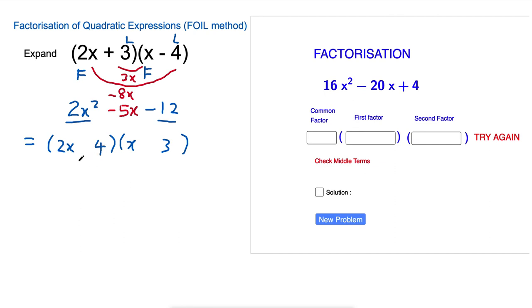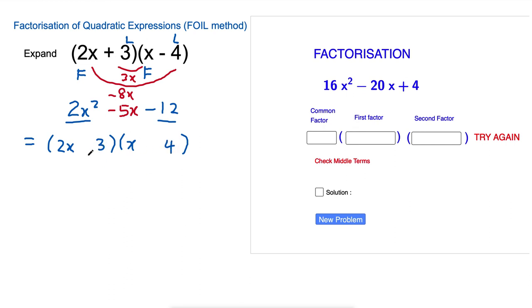When there is a common factor of 2 in the brackets, it means that every term here has that common factor. But we know that negative 5x doesn't have a common factor of 2. So the 4 should not be here. Therefore, we put 3 here and 4 here.